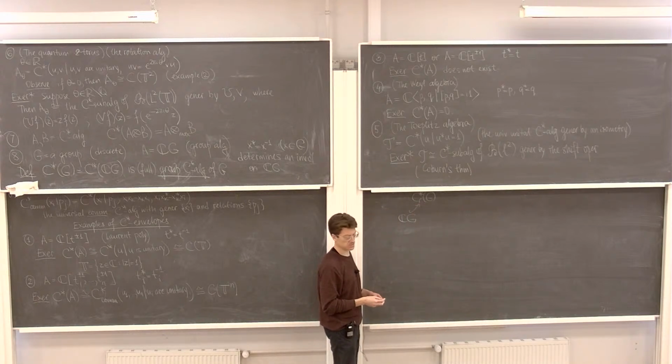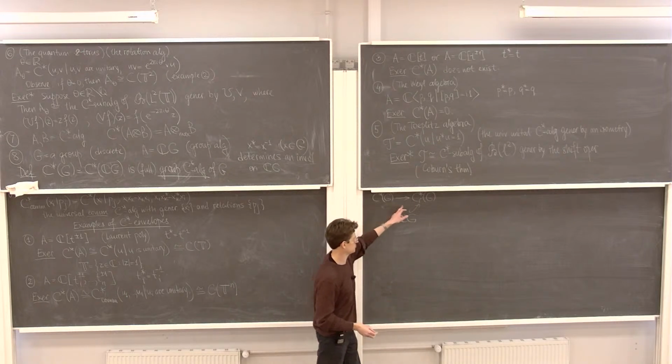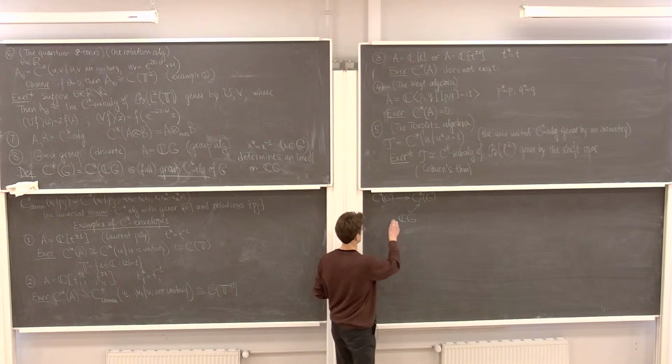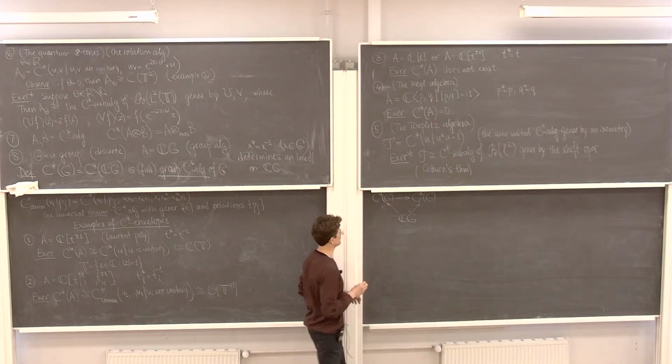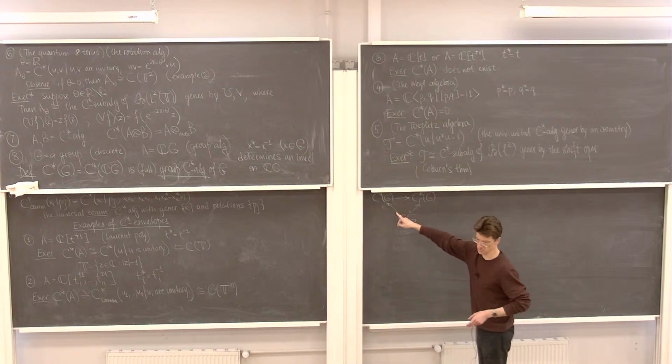On the other hand, the universal property of the C-star envelope gives us a star homomorphism from the full group C-star algebra to the reduced group C-star algebra, such that this diagram commutes. So in particular, we see that this map is also an inclusion. It is injective.